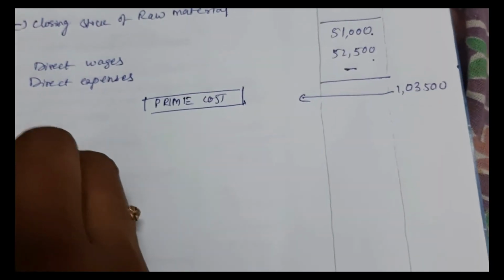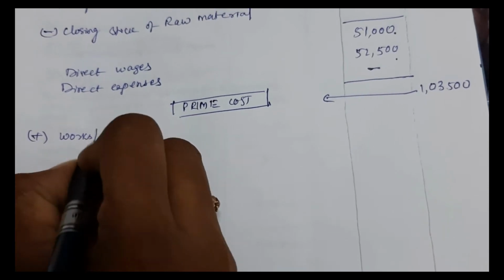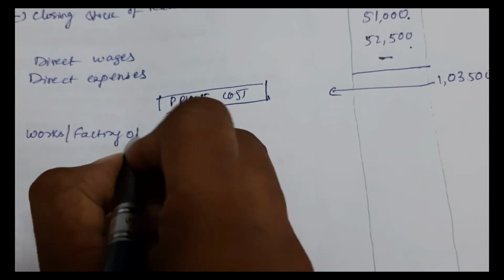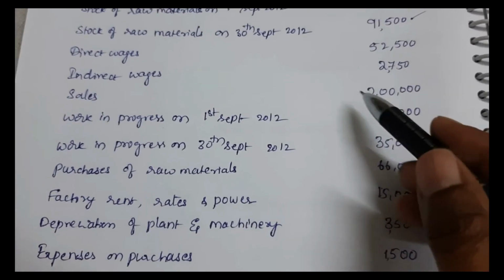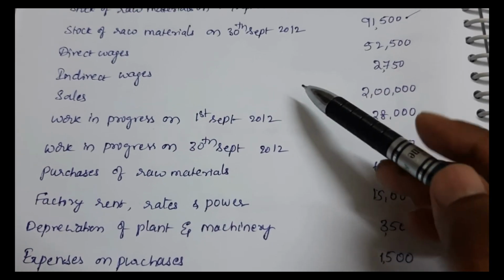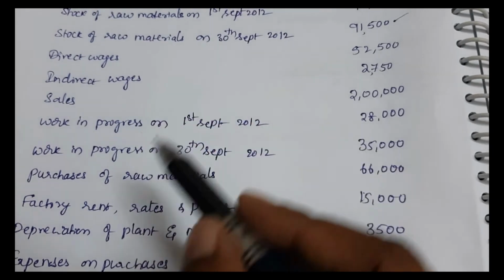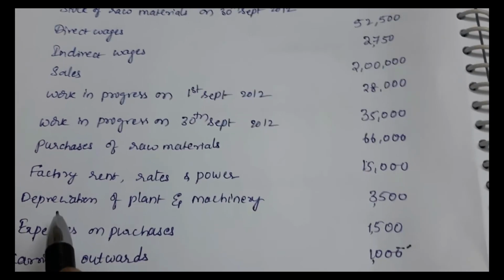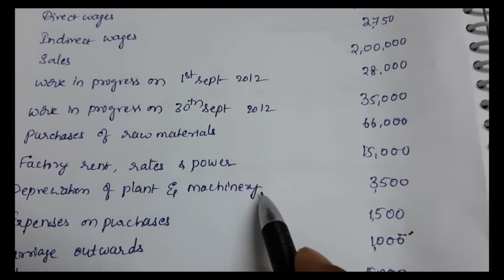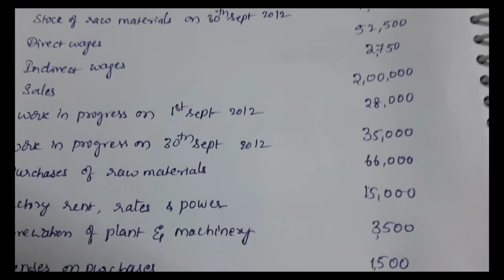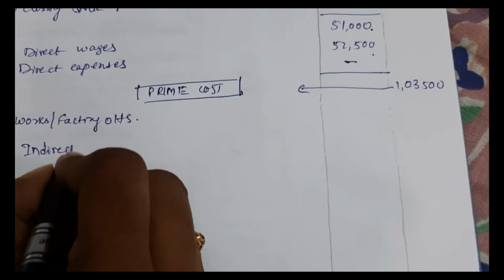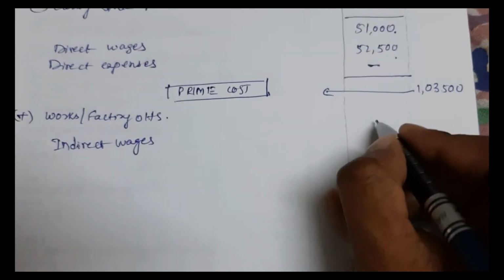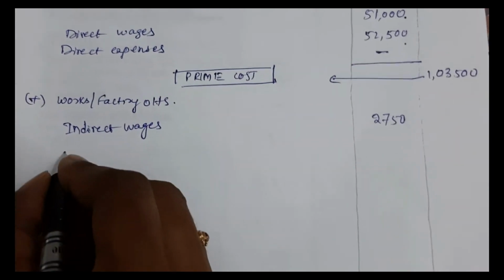Now to the prime cost we should add works or factory overheads. Here we should identify what are all the expenses which can come under factory overheads. Indirect wages, then factory rent, rates and power, depreciation of plant and machinery will come under factory overheads. So we will write all these three here. Indirect wages 2750.